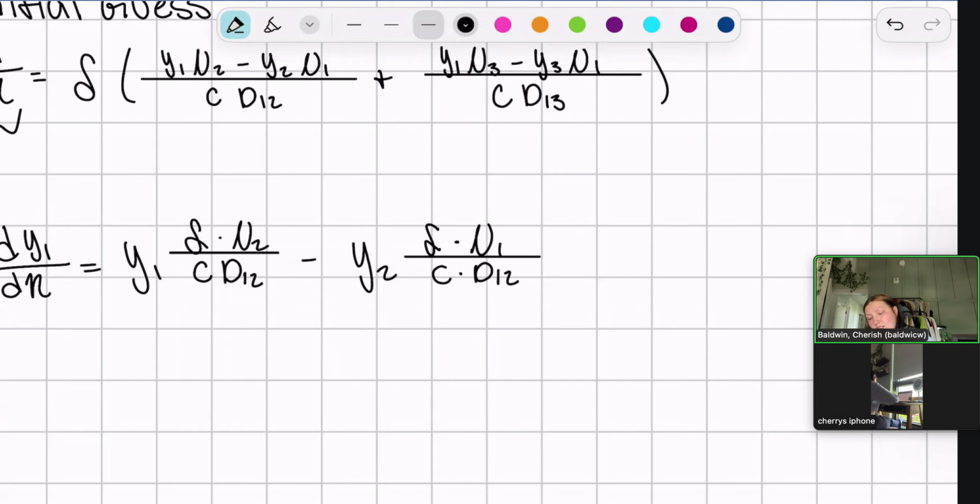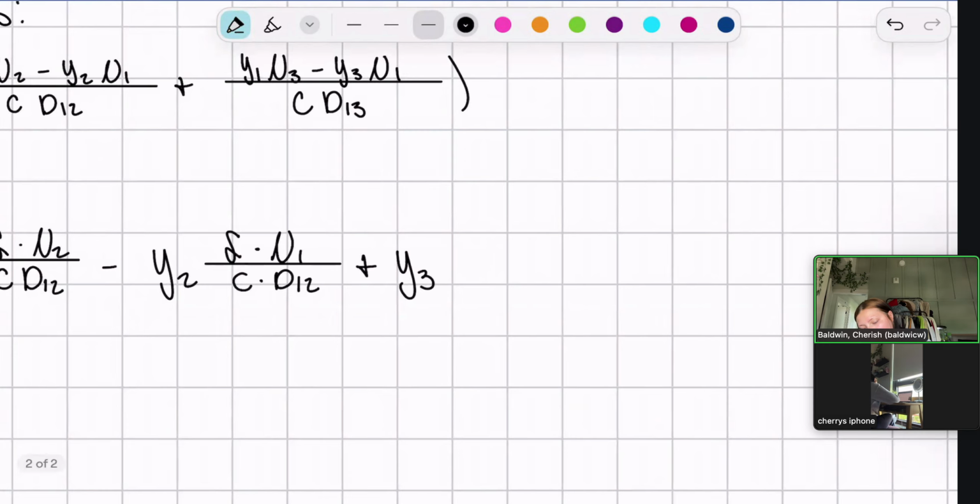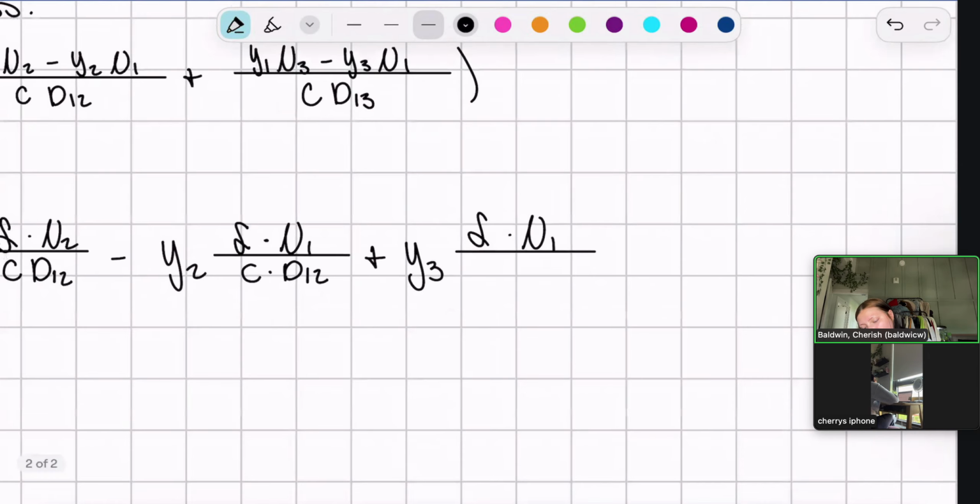All right, plus we're going to do the mole fraction of air times the tube length times the molar flux of acetone times the concentration times the diffusion coefficient for 1 to 3.